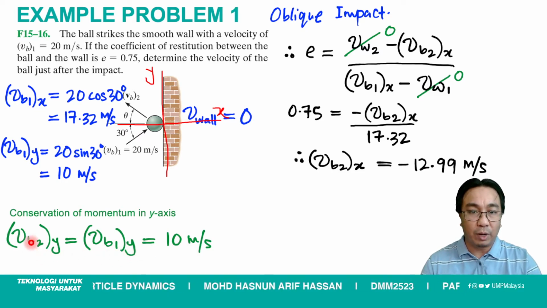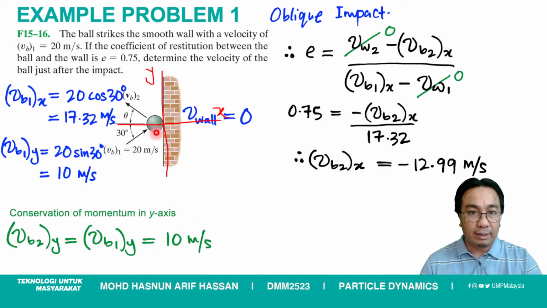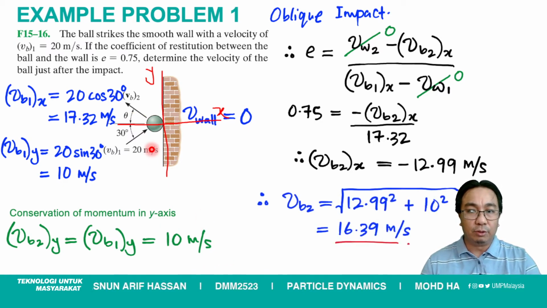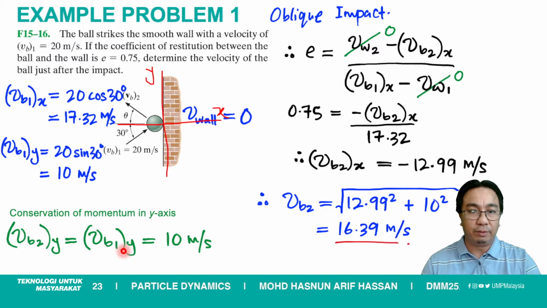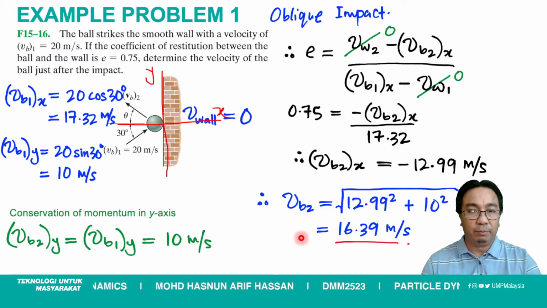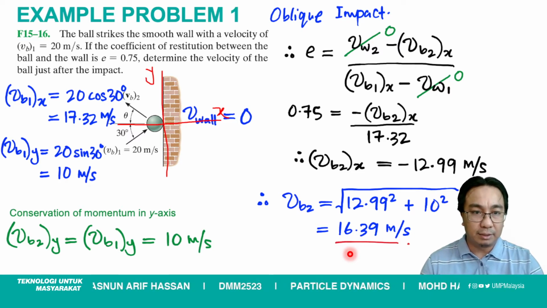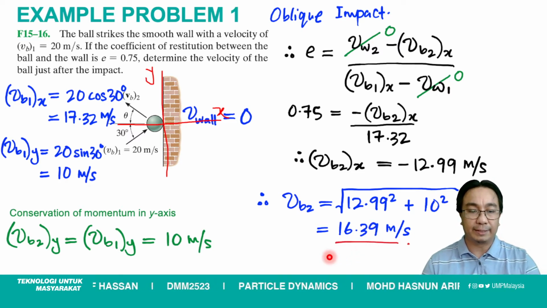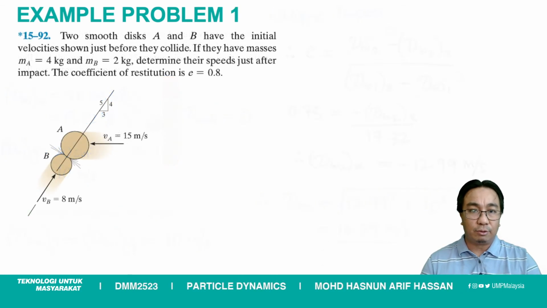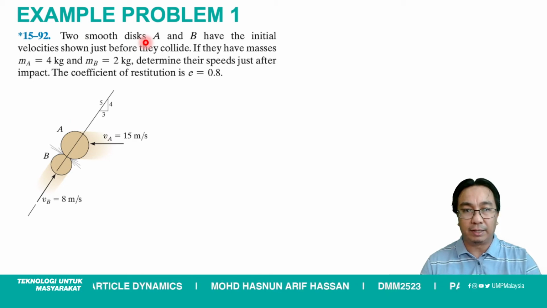So VB2y is also 10 meter per second. So finally, we can determine the magnitude of VB2 by squaring VB2x and VB2y and taking the square root to get VB2 equals 16.39 meter per second. Okay. Let's look at one last example for the case of oblique impact.